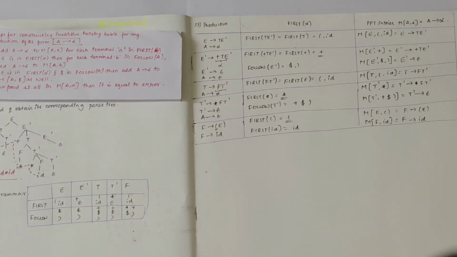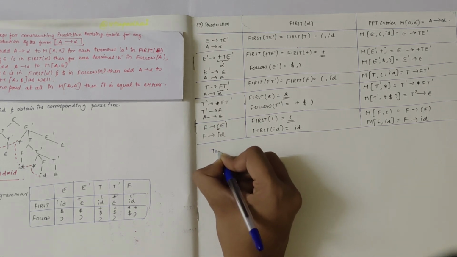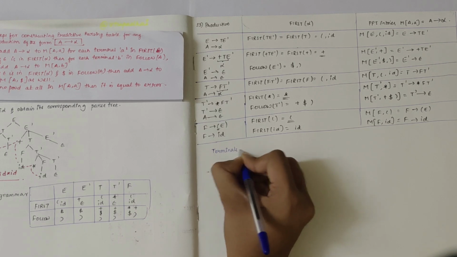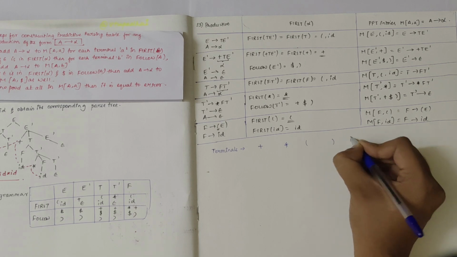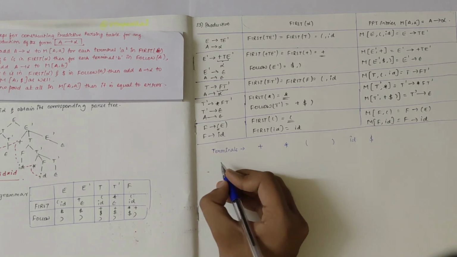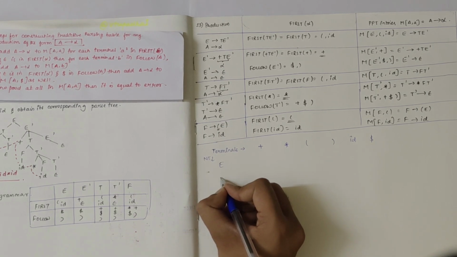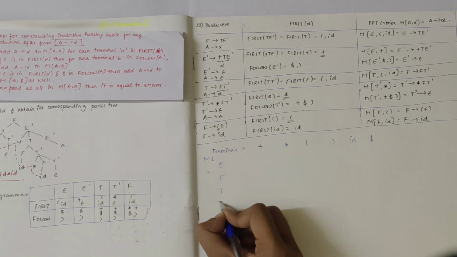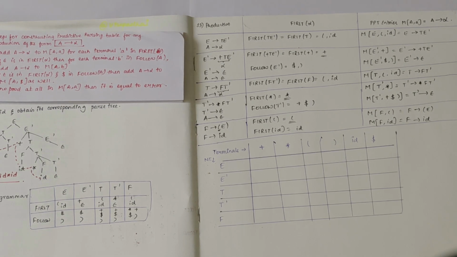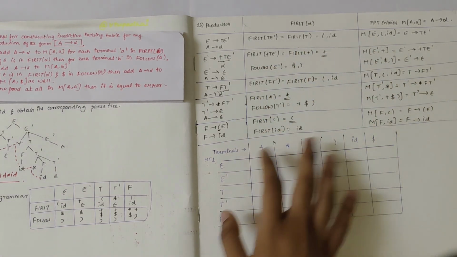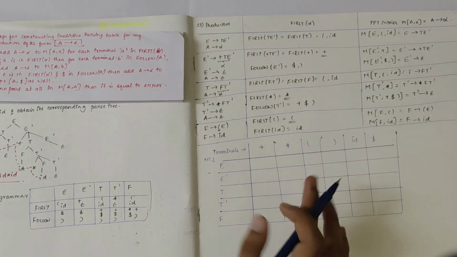Now let's construct the table here. Firstly, there would be the terminals on this side, that is plus, star, open bracket, close bracket, ID and dollar, and on the other side we have the non-terminals, that is E, E dash, T, T dash and F. From the above values, I'll start filling the predictive parsing table.